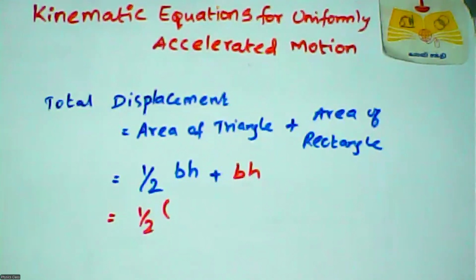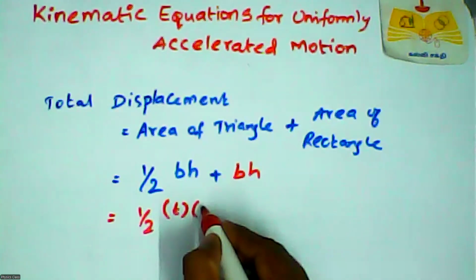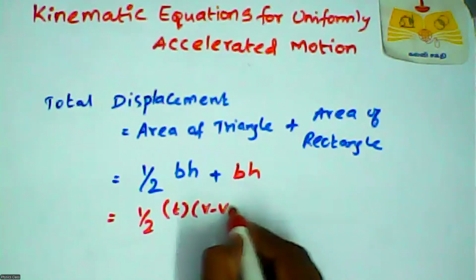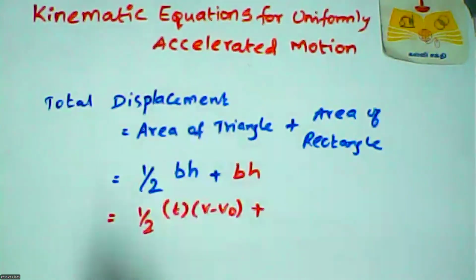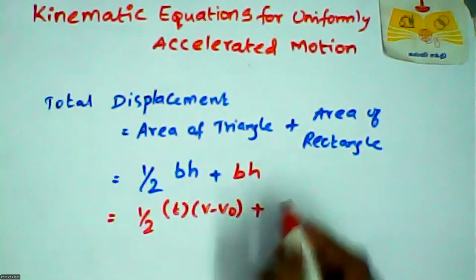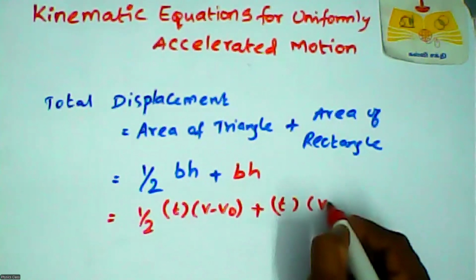Is it correct? Okay. And what is that height? So half t into height for a triangle, v minus v naught, plus what is the breadth of the rectangle? As usual, t. Height means v naught.